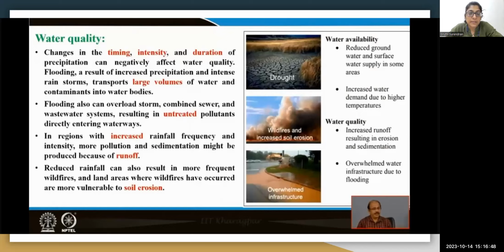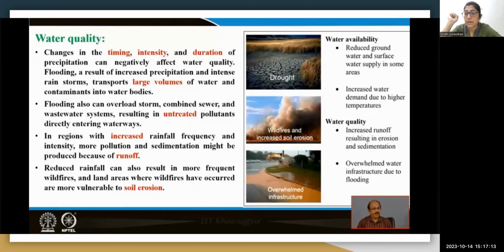Another problem is soil erosion as a result of runoff. Then there are sedimentation processes as a result of runoff. So all of these are going to impact the quality of water also. So pollution, soil erosion, sedimentation, and then again flooding is a problem.